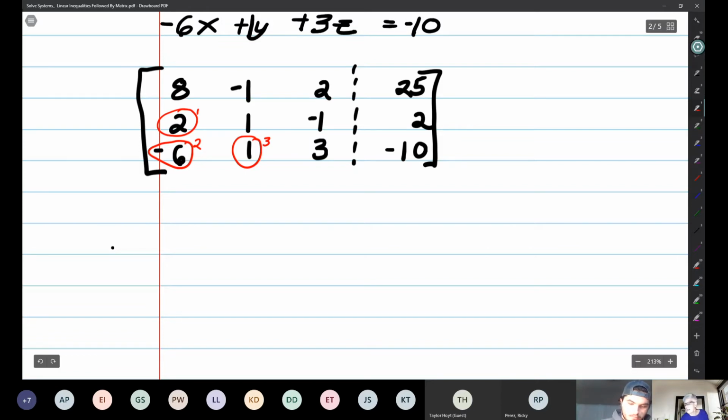This is called row 1, row 2, and row 3. You have column 1, column 2, column 3, and column 4. And for that reason, this is referred to as a 3x4 matrix.